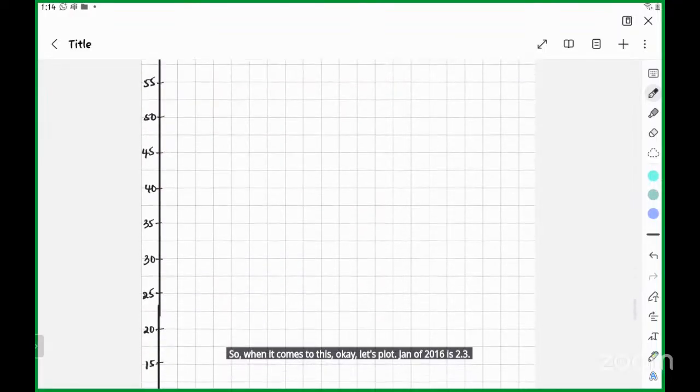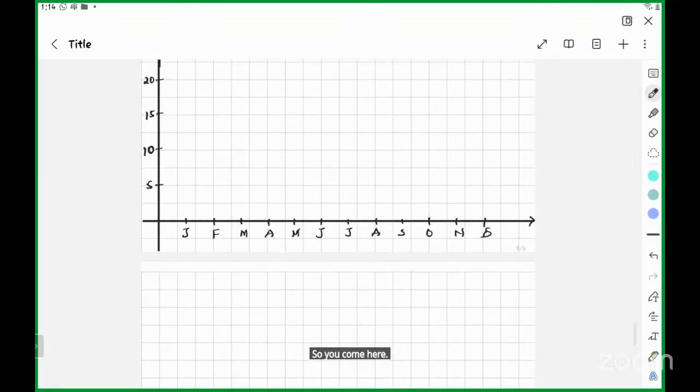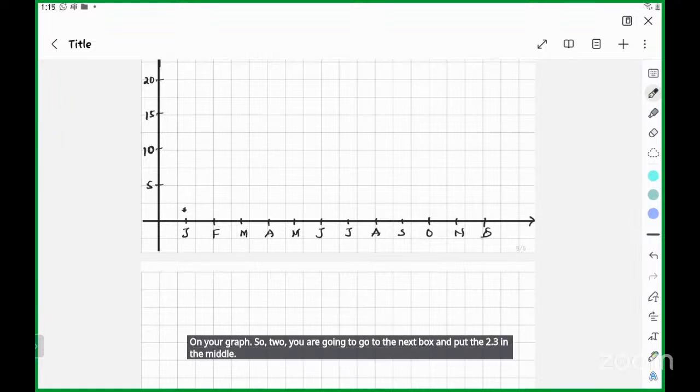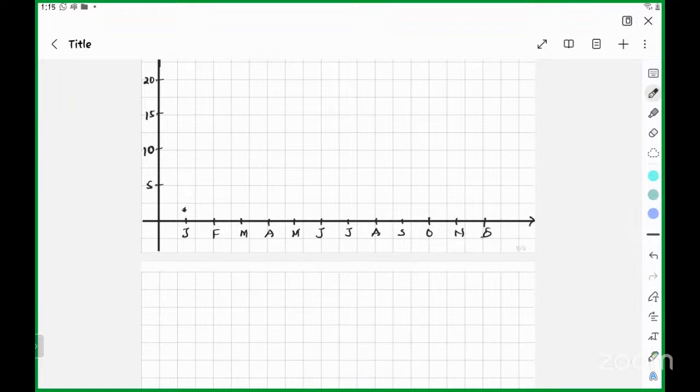So you come here. Jan, for me, this is 2.5. So my 2.3 is around here. You see that? I guess for you, you can see what you need on your graph. So you are going to go to the next box and put the 2.3 in the middle. Every one small square for you represents a unit.